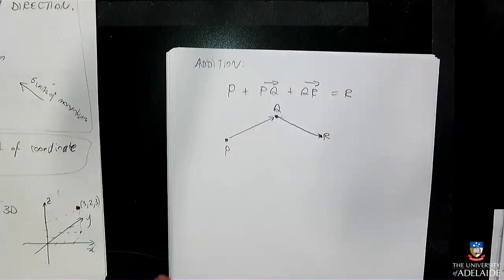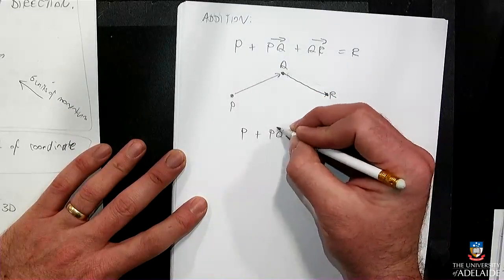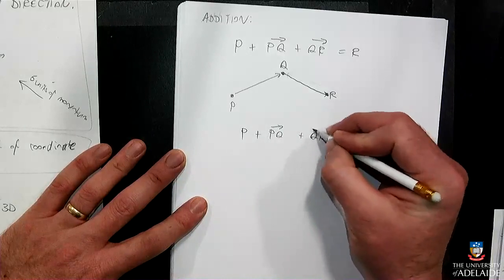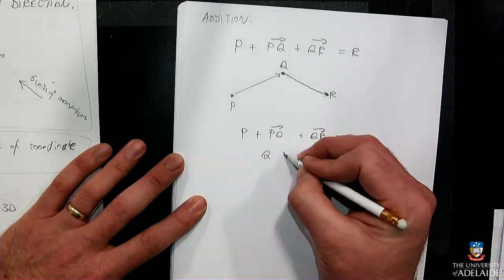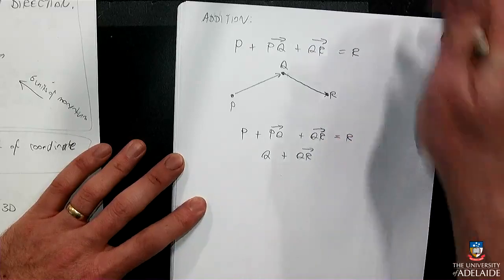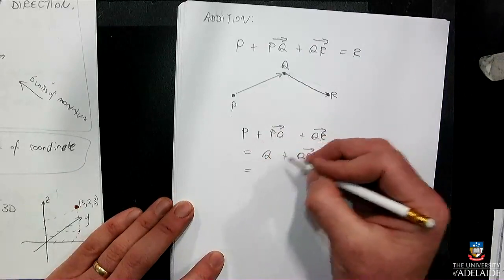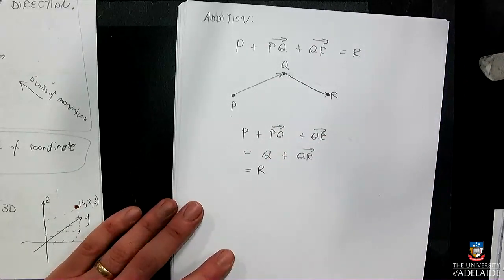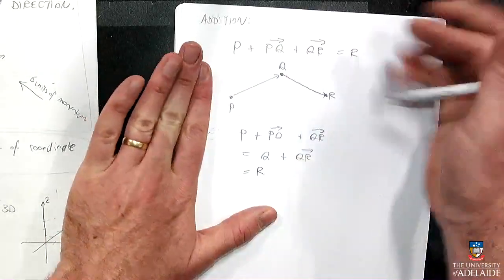All right? So let's just do this thing. P plus PQ plus QR should be R, and that's because P plus PQ is Q, and Q plus QR should be R. Okay? So we notice this.